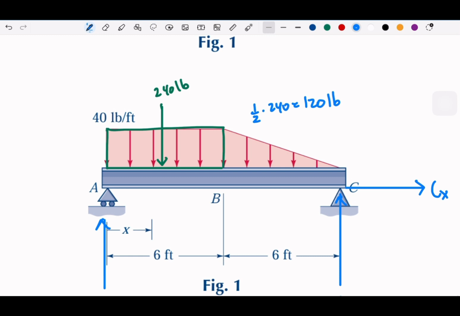We need to divide the distance by 3 and put it on the left, the side having more distributed load. So we put it here, and this is precisely 2 feet, this is 4 feet.